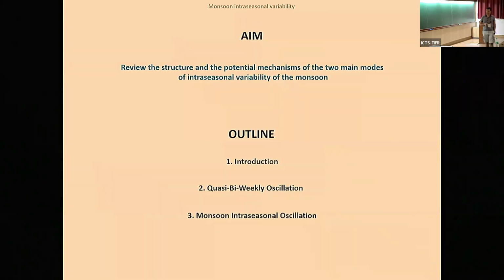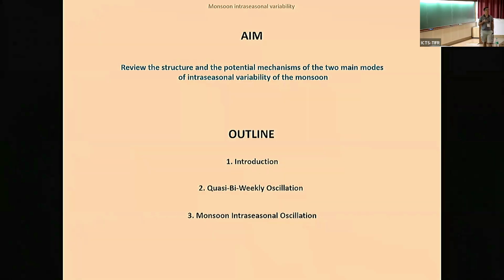All right, so this lecture aims to review the structure and the potential explanations for the two intraseasonal modes of variability of the monsoon. The first one, 10 to 20 days, we call the quasi-biweekly oscillation. The slower one has multiple names.